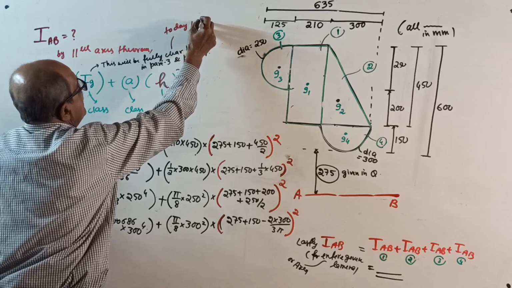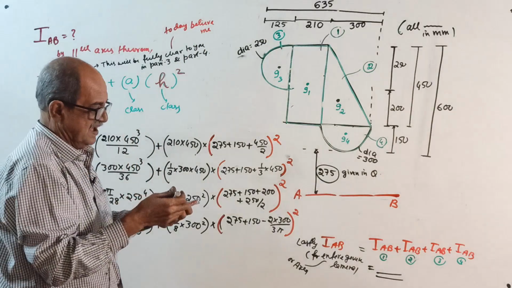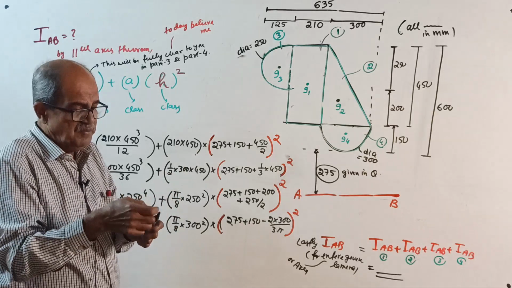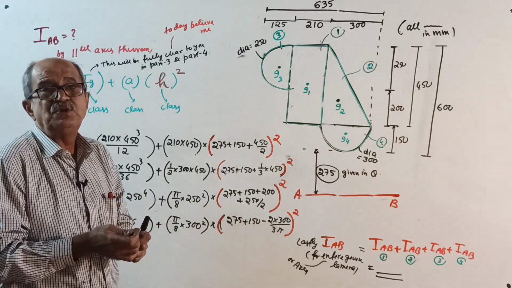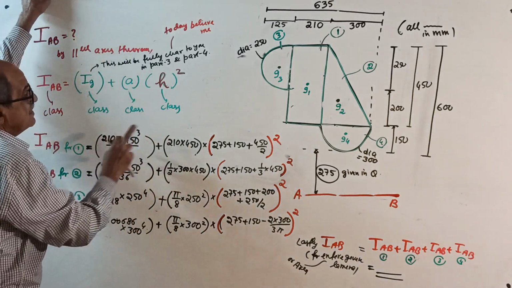Majority of people will say, sir, we know it. If you know it, well and good. But right now, I have no time to explain that. My purpose is to apply the parallel axis theorem. IG, clear. Now start.